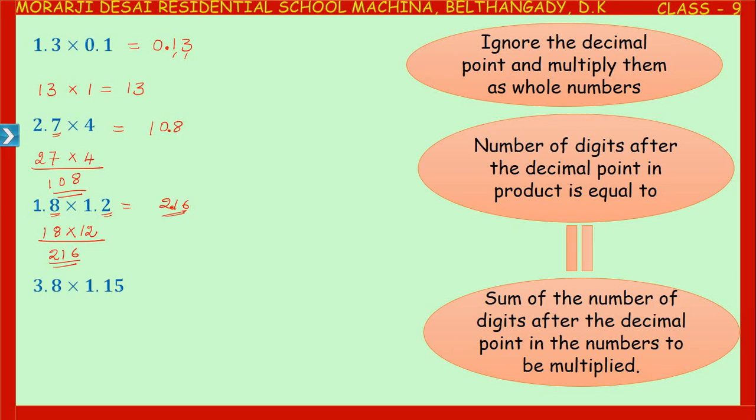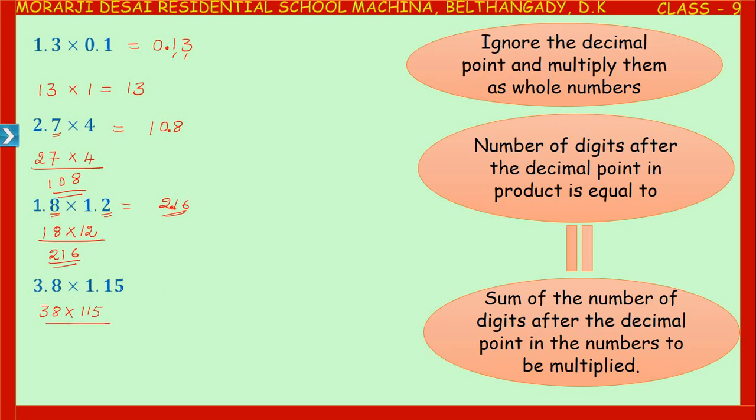Now 3.8 into 1.15. First step is ignore the decimal point and multiply them as whole numbers. Now if I remove the decimal point of 3.8, that becomes 38 into 1.15. If I remove this decimal point, this becomes 115.